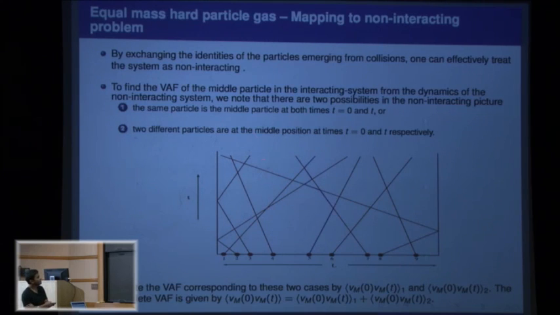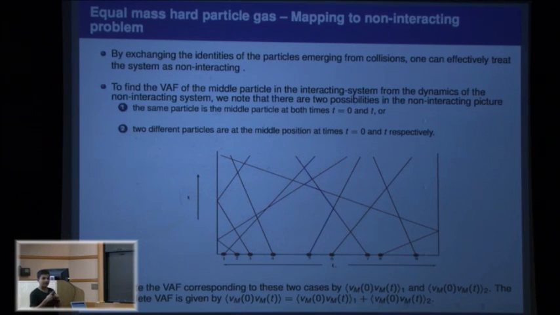So supposing I am interested in the velocity autocorrelation function of this middle particle, then if I look at some time like this, at this time the same particle is the middle particle, right? But at some time like this, some other particle has become the middle particle. Okay.